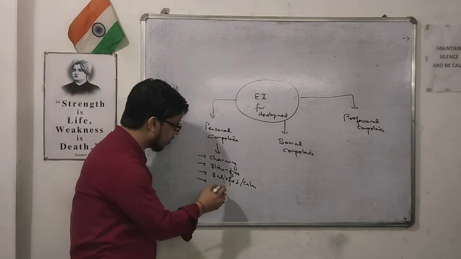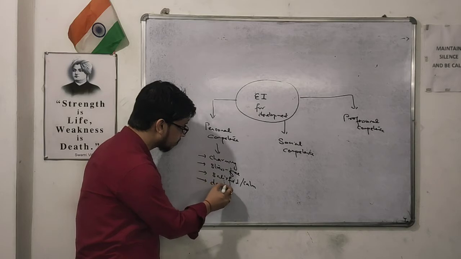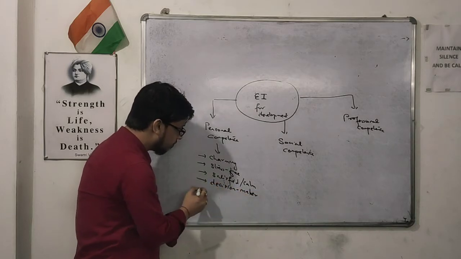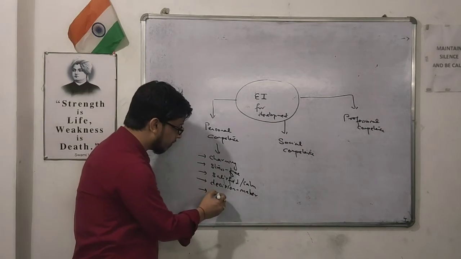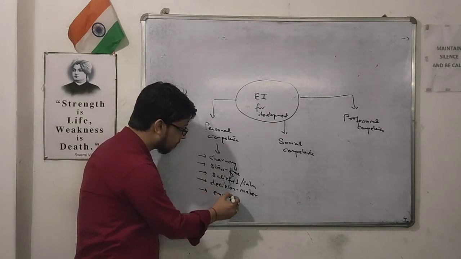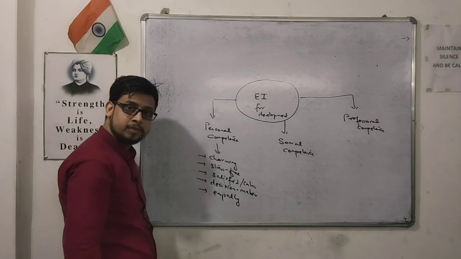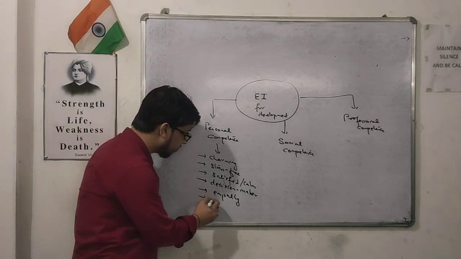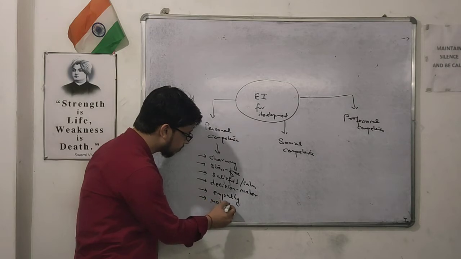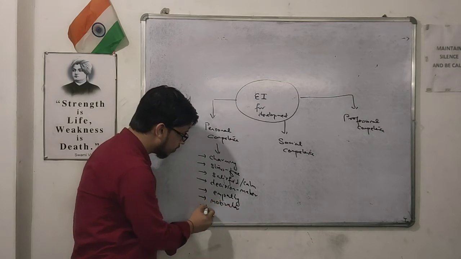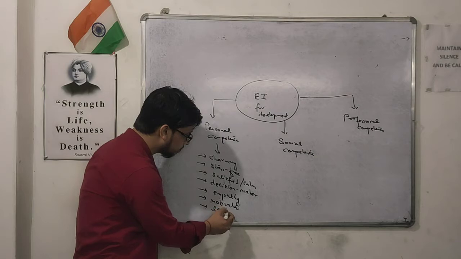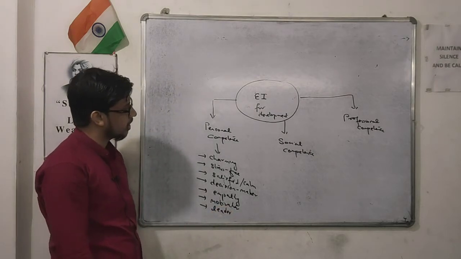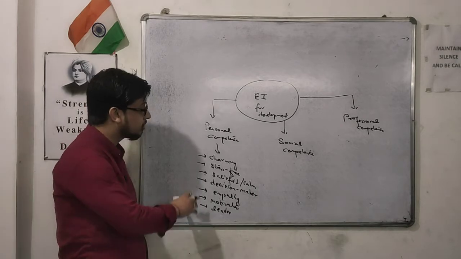You are a very good decision maker. You are very good at empathy, correct? You can be a very good motivator. You can be a very good leader. So if you have emotional intelligence at your personal level, you will achieve many things.